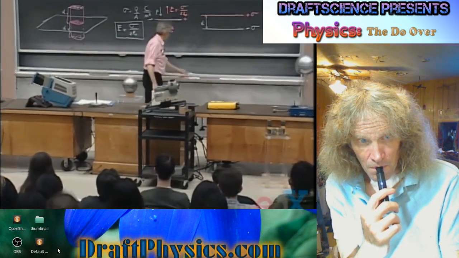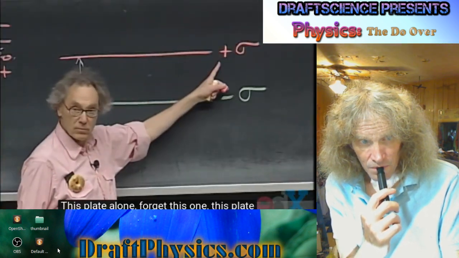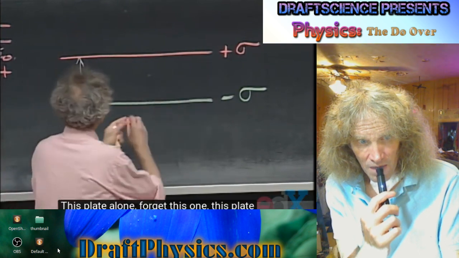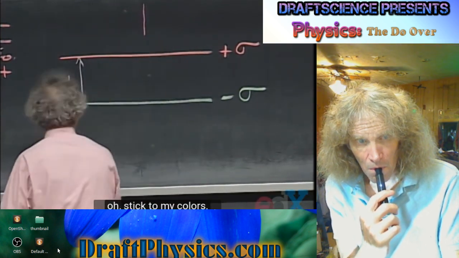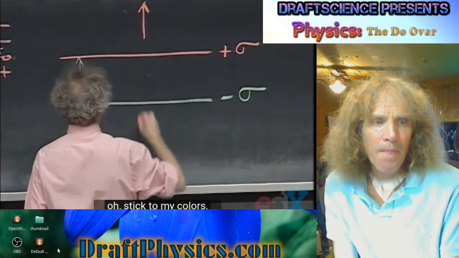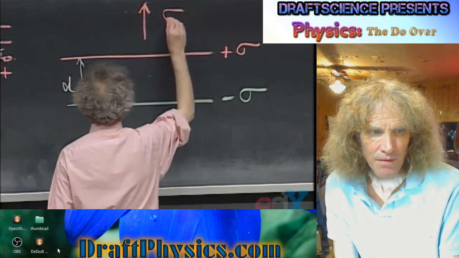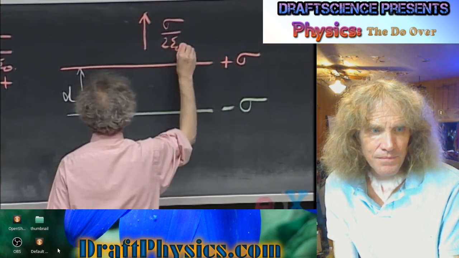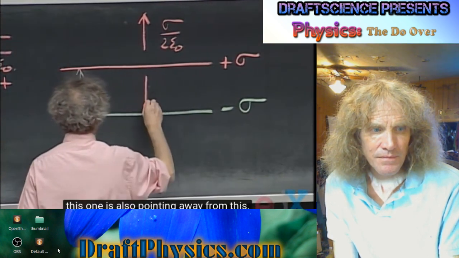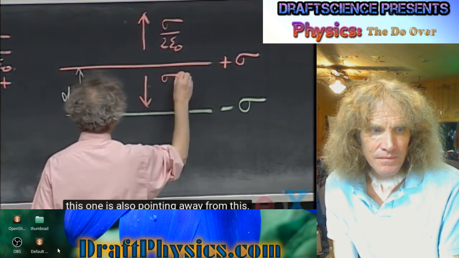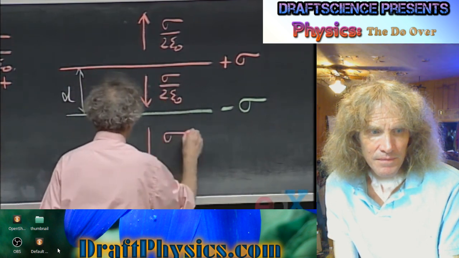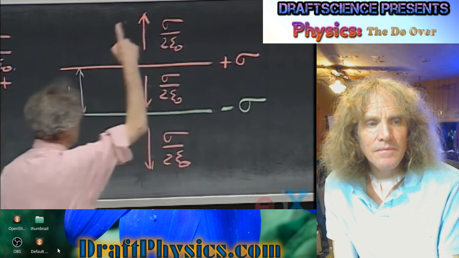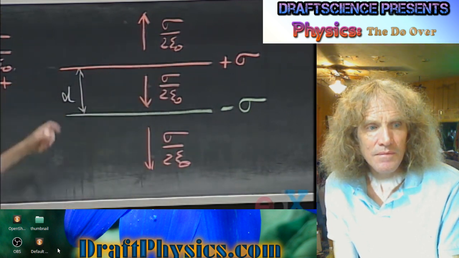I say to myself, aha, this plate alone, forget this one, this plate alone would give me an E vector like so, and that is sigma divided by 2 epsilon 0. This one is also pointing away from this, sigma divided by 2 epsilon 0, and here it's also sigma divided by 2 epsilon 0, because it's independent of the distance to this plate.